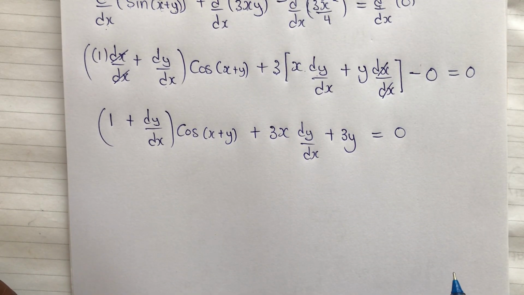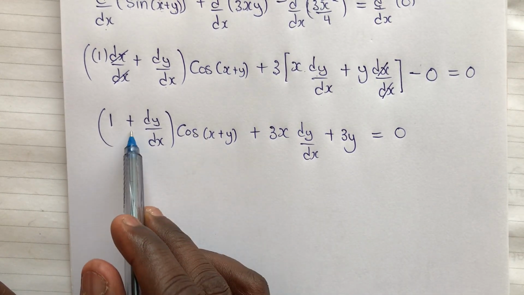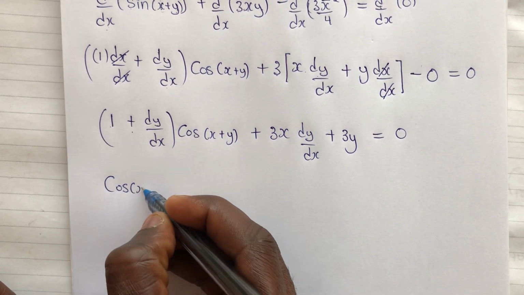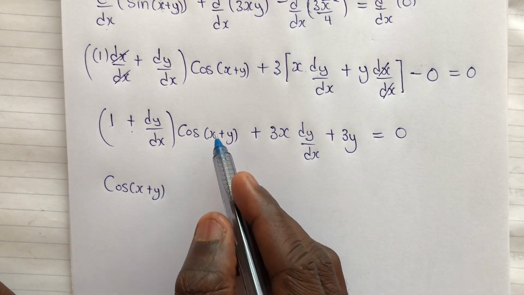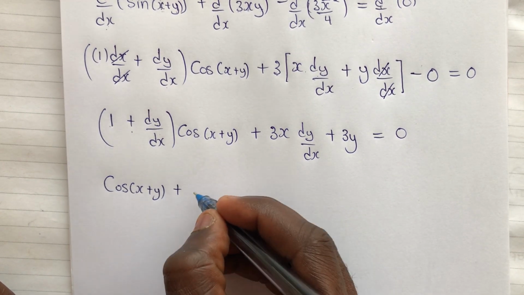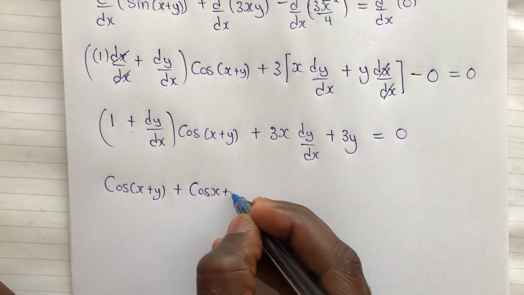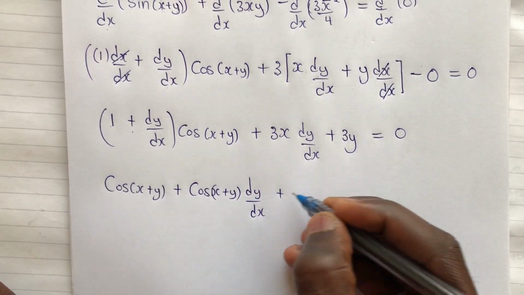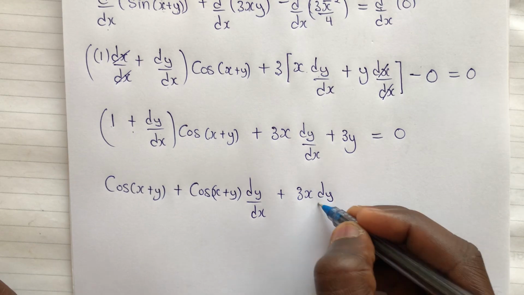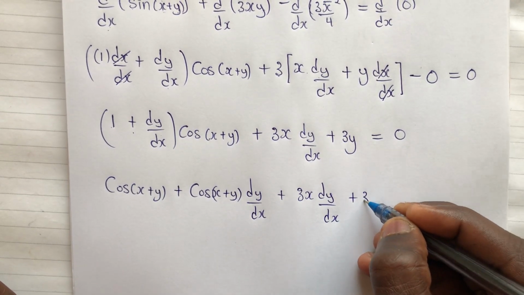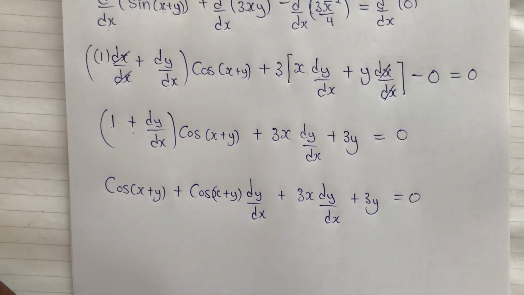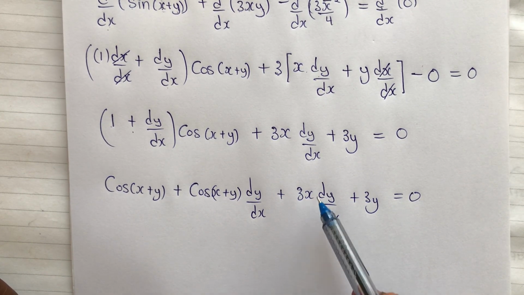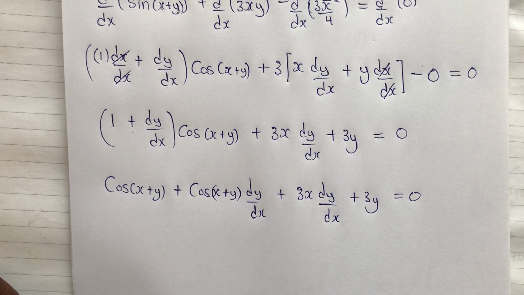Now we can expand the bracket by using this to multiply that. So 1 times this, we have cos(x + y). Then plus cos(x + y) dy/dx plus 3x dy/dx plus 3y equal to 0. Now, the next step is to group all functions containing dy/dx to the left-hand side of the equation.